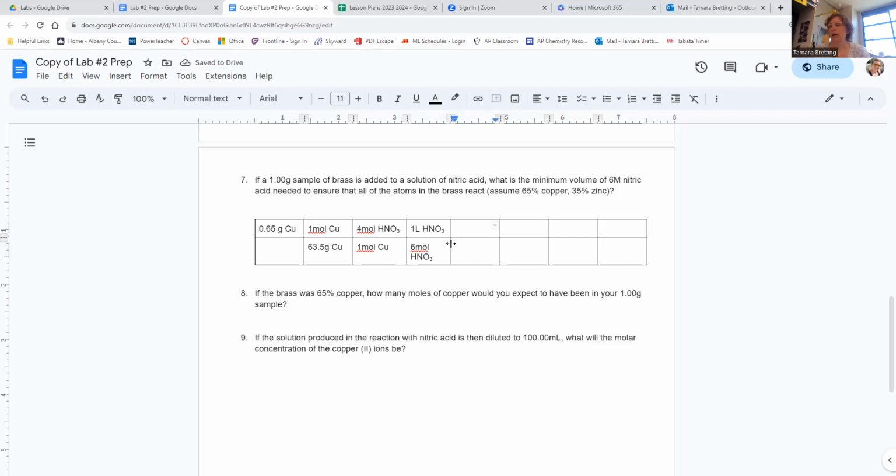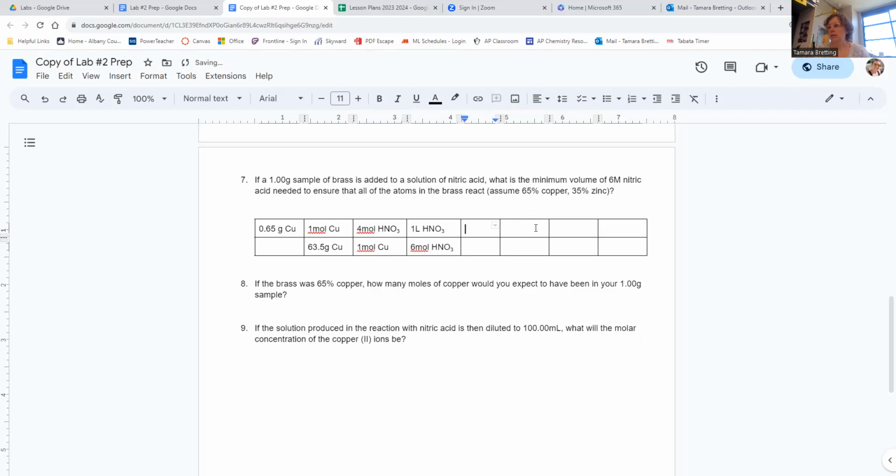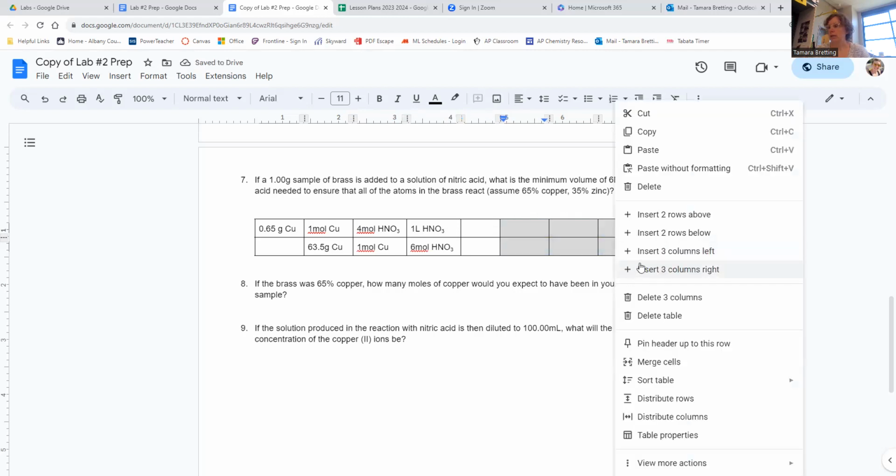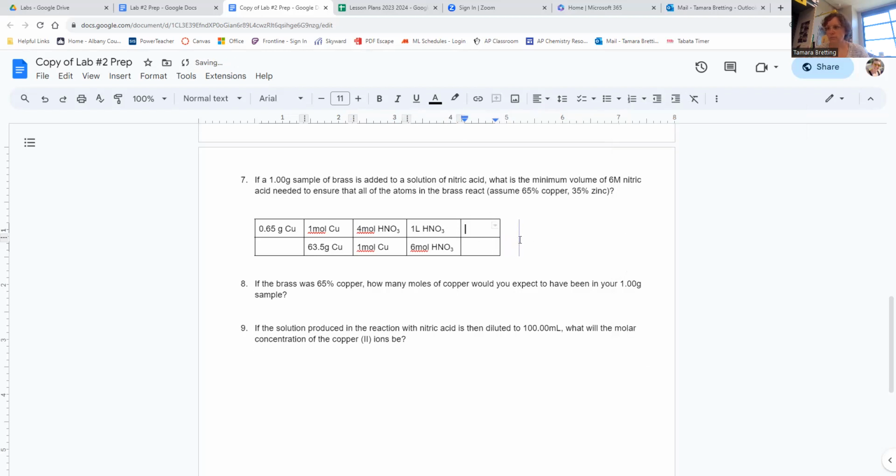I'm not going to need all of these here. This is my last step. Let me just delete these. And we know that there are 1,000 milliliters in 1 liter. So we can get the volume of nitric acid that we need using this setup for the copper.